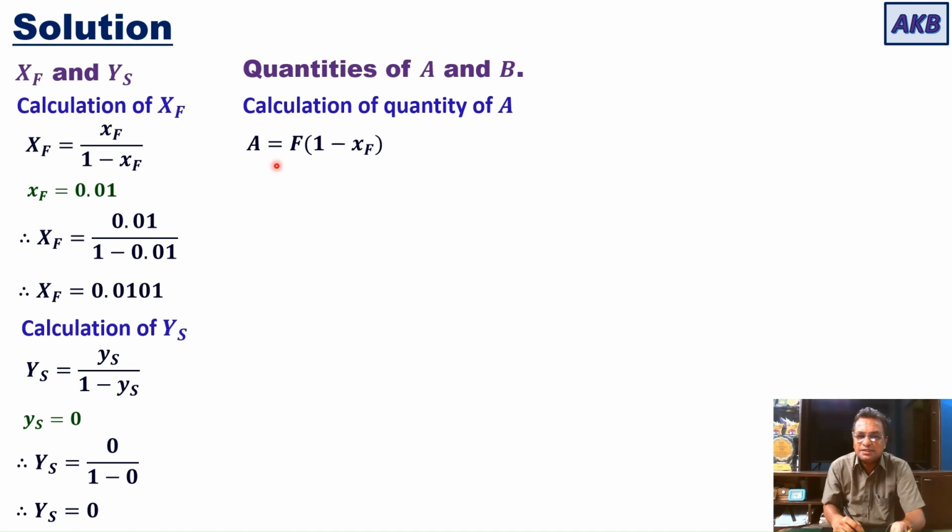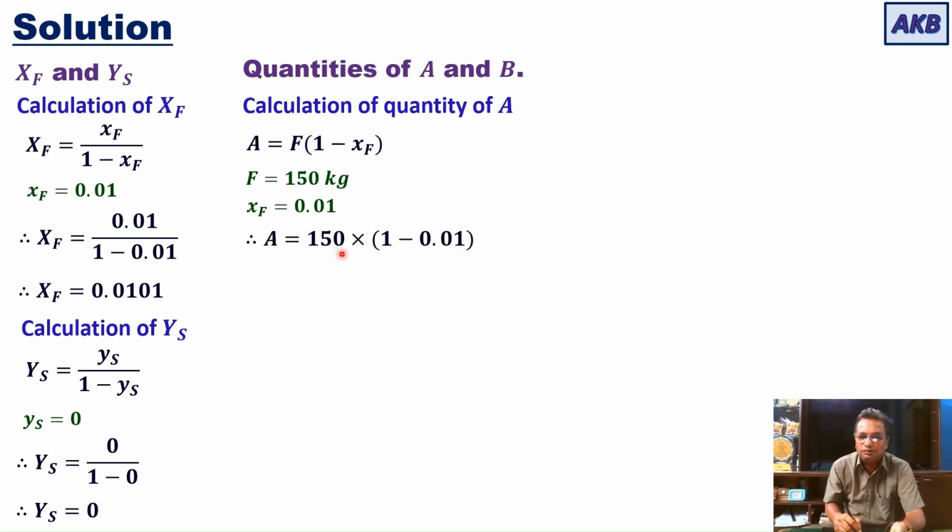A is that part of the feed other than C. So if XF is the weight fraction of C, 1 minus XF would be the weight fraction of A in it. So simply, quantity of A will be quantity of feed into 1 minus XF. F is given to us, it is 150 kg. XF is also known to us, it is 0.01.